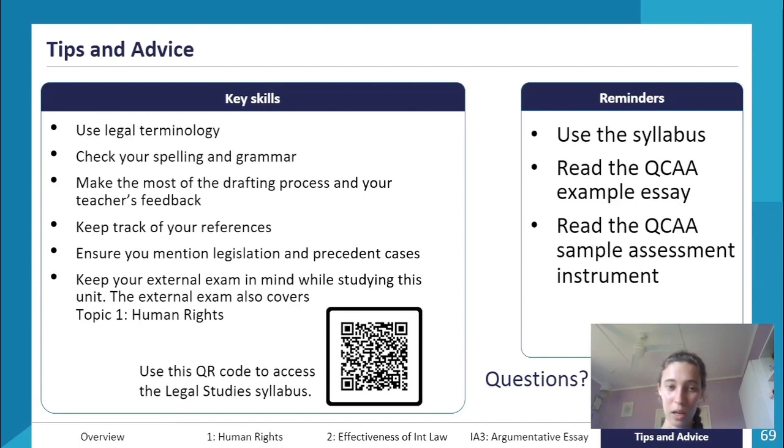And speaking about your teacher, the drafting process is really valuable. So by now, you should be only getting one draft. And I personally like to treat that as the due date for the whole thing. At my school, it was usually the draft was due a week before the final submission.